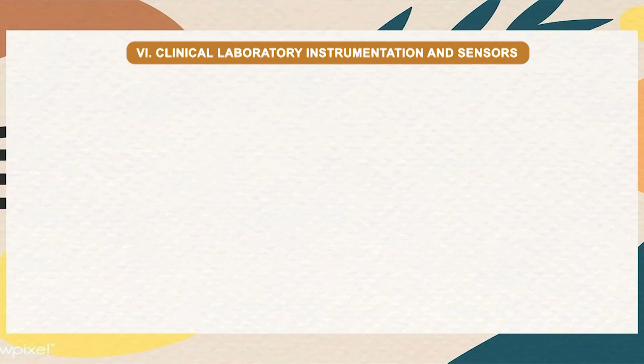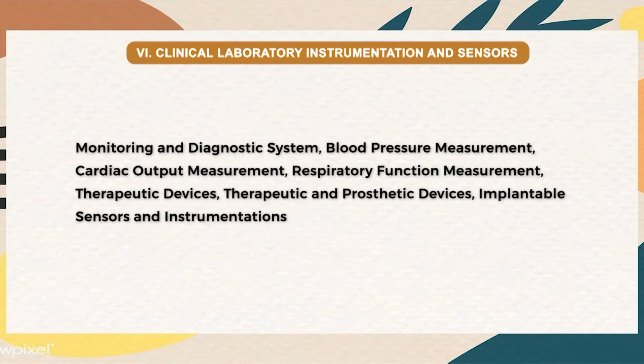Sixth chapter is about clinical laboratory instrumentation and sensors: monitoring and diagnostic systems, blood pressure measurement, cardiac output measurement, respiratory function measurement, therapeutic and prosthetic devices, implantable sensors and instrumentation.